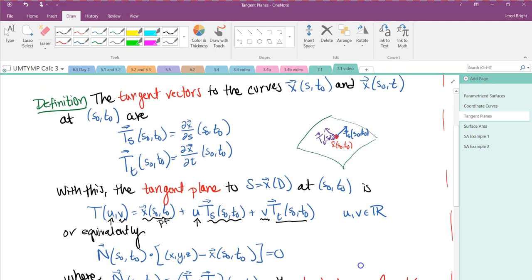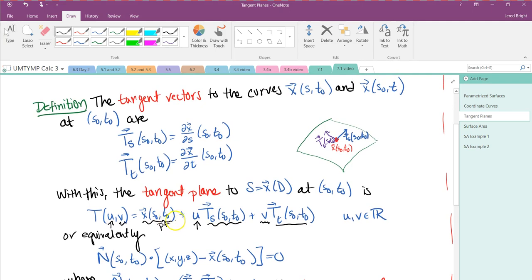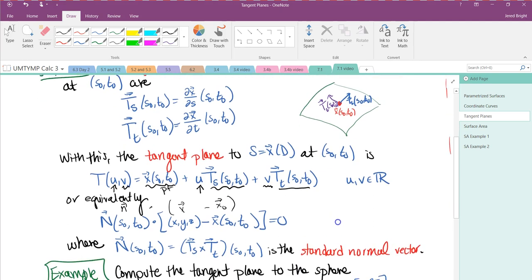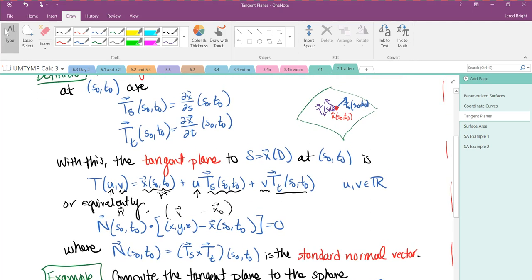This is one form that we learned for a plane. The other form we learned was the normal form. We could say it's this n vector dotted with x minus x naught, which was our n dotted with x minus x naught that we studied way back in Calc 2, and we can use that here as well. We call that our standard normal vector.